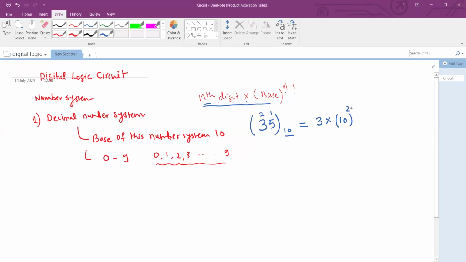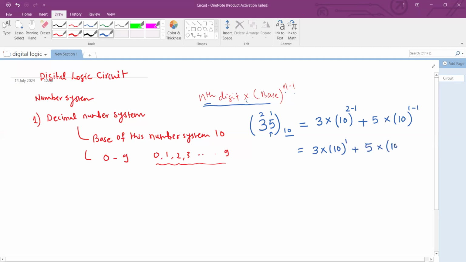So n is 2 minus 1, plus, now I will write this number 5 multiplied by base 10 to the power, now n is 1 here, minus 1. So it would be 3 into 10 to the power 1 plus 5 into 10 to the power 0. So therefore, the value of this would be 3 into 10 plus 5 into 1, as 10 to the power 0 is 1. So therefore, this is 30 plus 5 equal to 35.